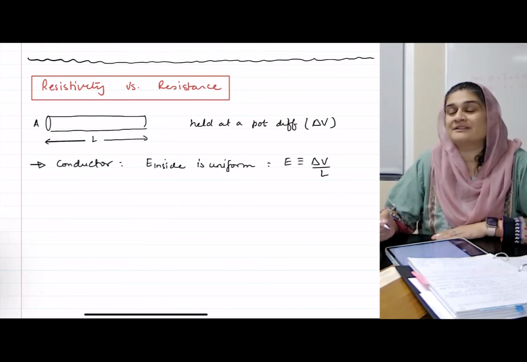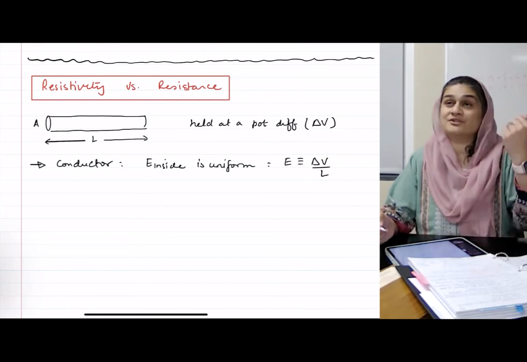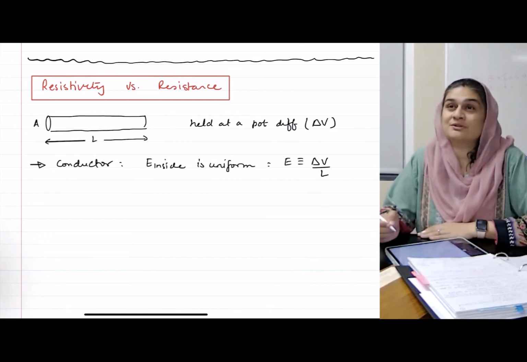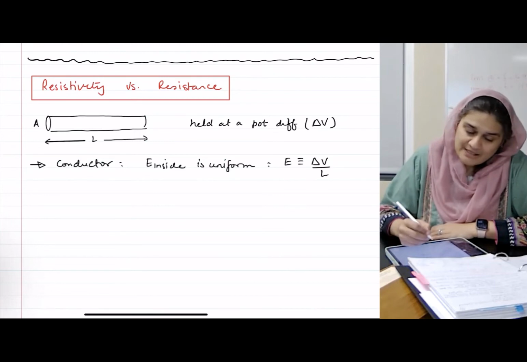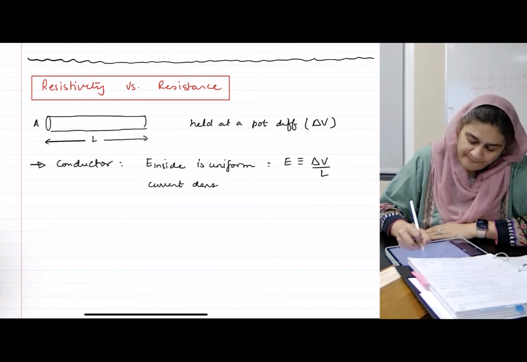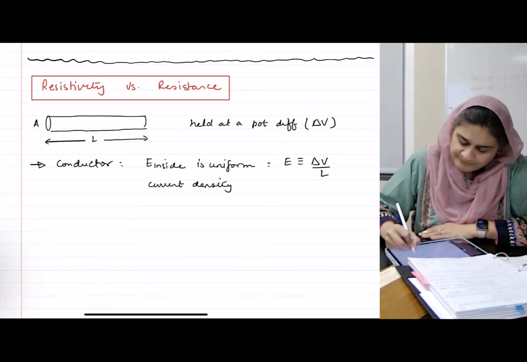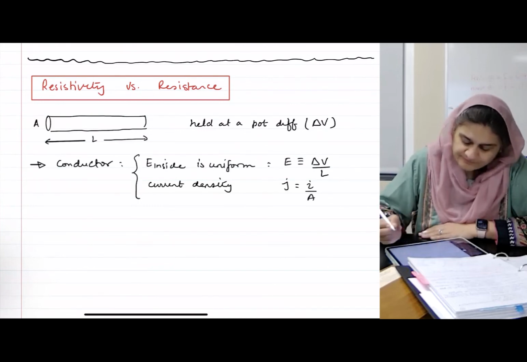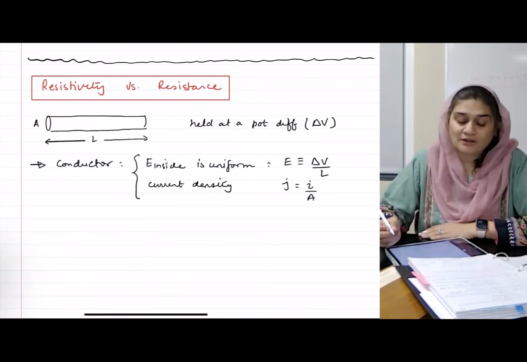Remember? Delta V equals the integral of E dot ds that we saw in chapter 2. And current density is J equals I over A, and current density is also uniform.